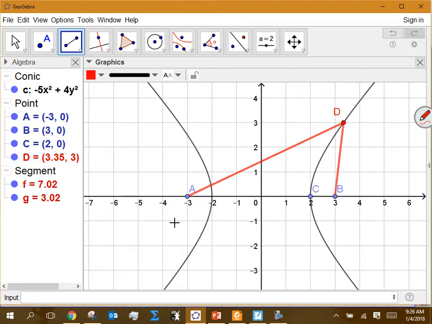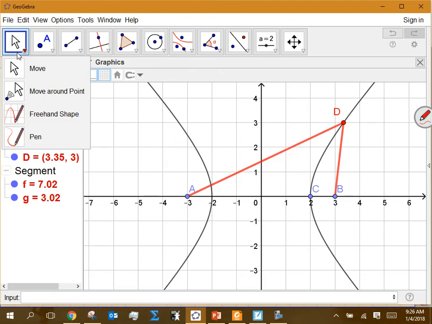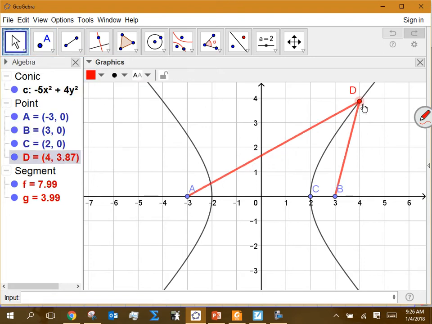And you see the lengths over here, right? Add those lengths together, you get like 10.04, correct? I'm going to move D. I add those together, 12.1. Is that the same value that I had before? No. So we're seeing that the sum is no longer the same, right?